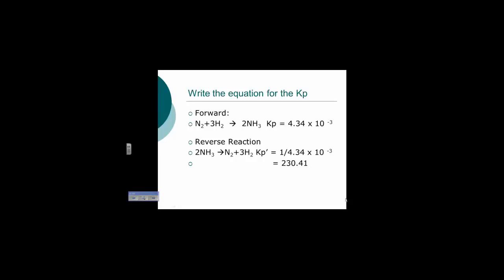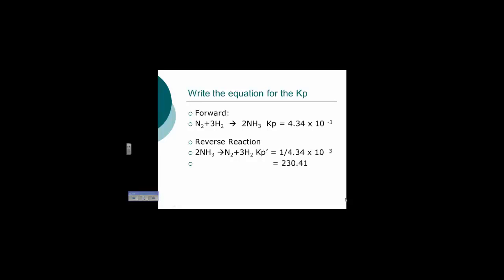No units on an equilibrium constant. Let's now write the reverse reaction, where molecular ammonia forms its elements, molecular nitrogen and molecular hydrogen, and that stoichiometric ratio of 2 to 1 to 3. Reverse the direction. Kp prime, that little apostrophe there, is why we read that.